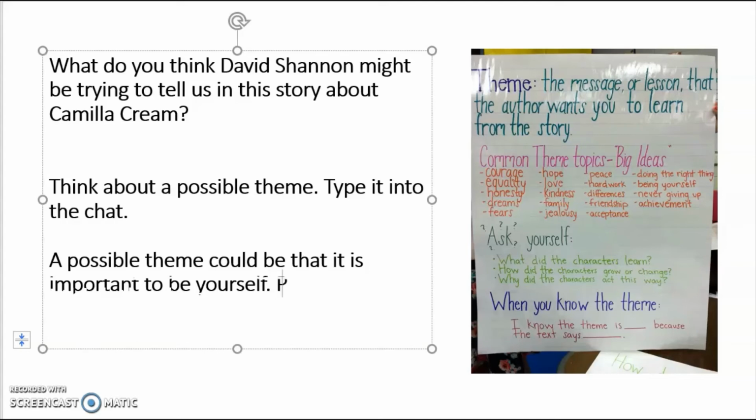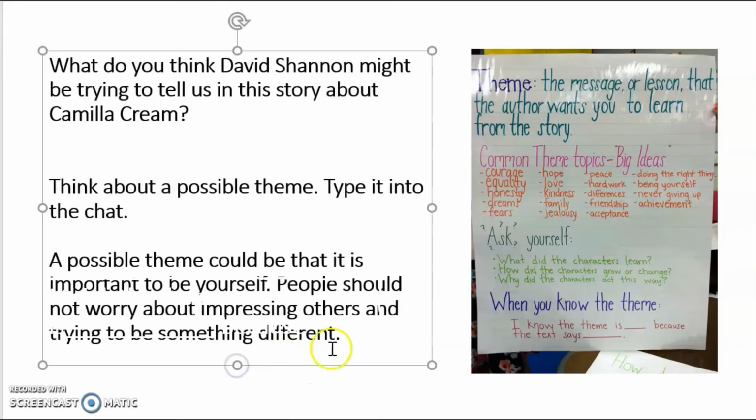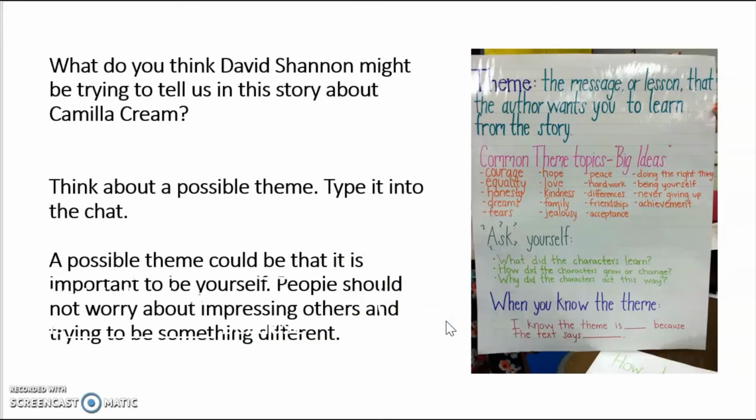Other students said people should not worry about impressing others and trying to be something different. Both of these are excellent answers. And again, hopefully you're able to provide that text evidence that when she was not true to herself, what happened?